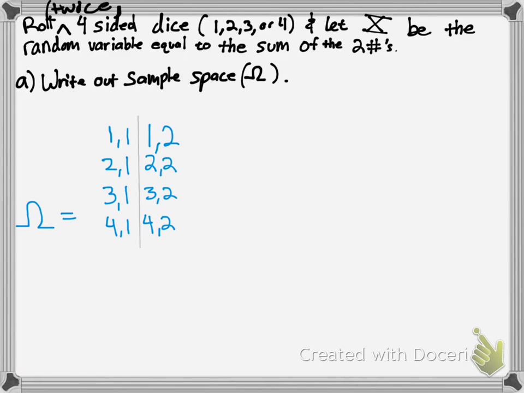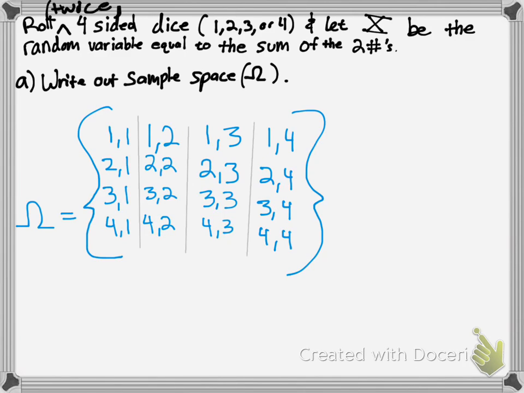You could also roll a 1 and a 3, a 2 and a 3. This is going to be a lot of writing, so I'm just going to write them all out. Hopefully you can see the pattern. Okay, so those are all the outcomes if you roll a four-sided die twice.